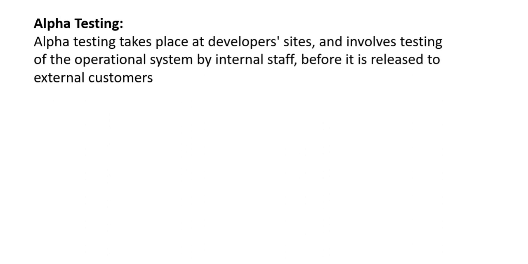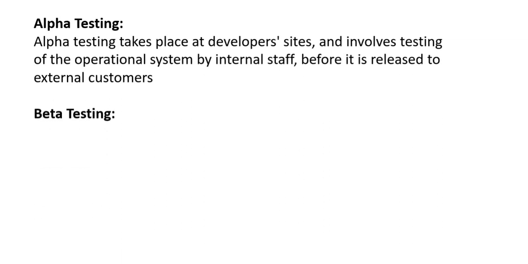Basically, in alpha testing, the software will be tested at the company side, where the QA will be there, who will perform all the validations, where the software will be developed and tested. That environment is known as alpha testing. Whatever testing happens at that stage is known as alpha testing.